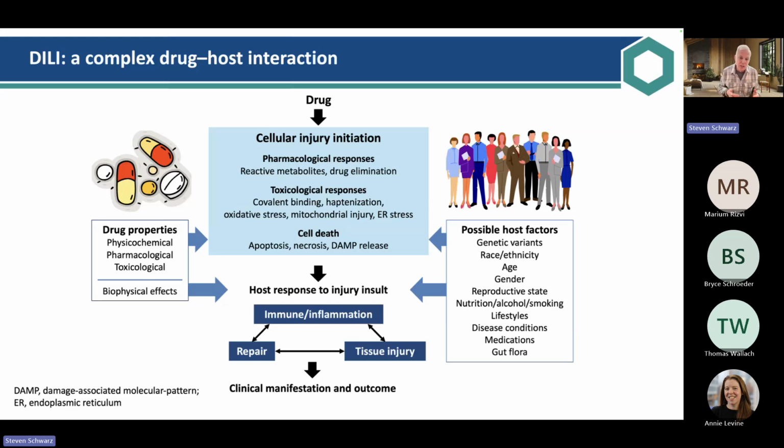And so while this cascade of events is sort of what we would expect, it depends on what the drug properties are and what the host factors are. Are there genetic determinants? All of these things have to be taken into account when considering whether findings of abnormal liver function studies are a manifestation of drug-induced liver injury.